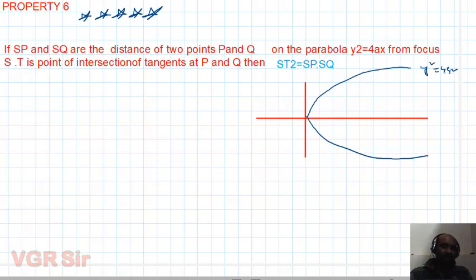So now I want to draw tangent equations. Okay students, this is one of the tangents. Yes, students, another tangent.